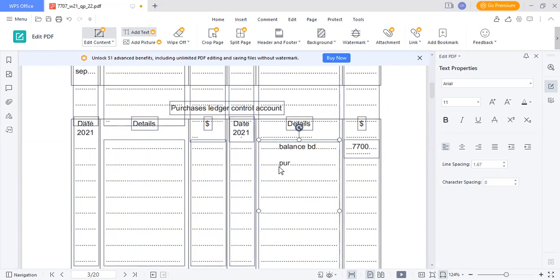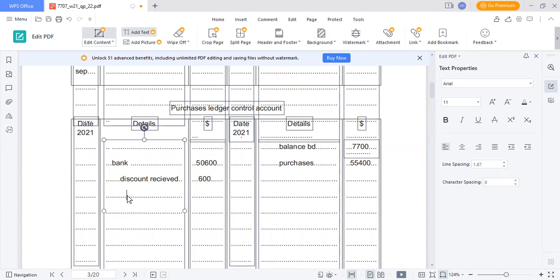Purchases. Only credit purchases, not cash. That is 55,400. Then we have payments to credit suppliers that are 50,600. We have discount received, that is 600.